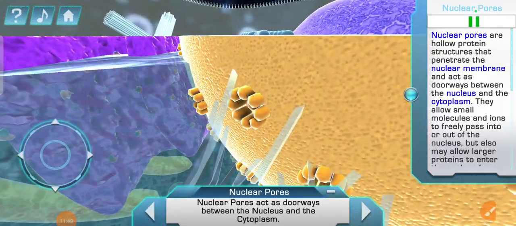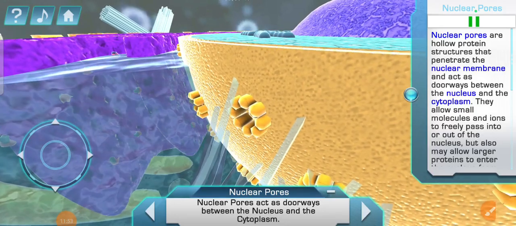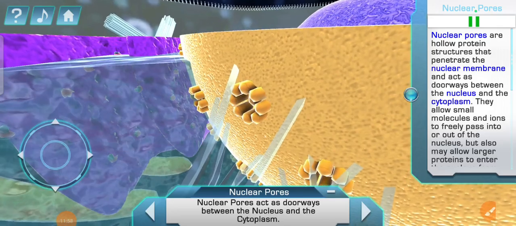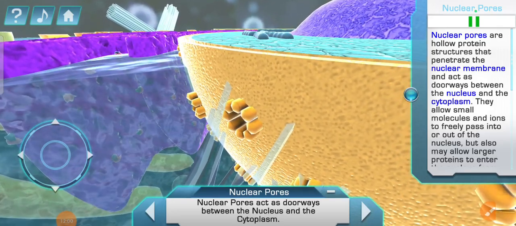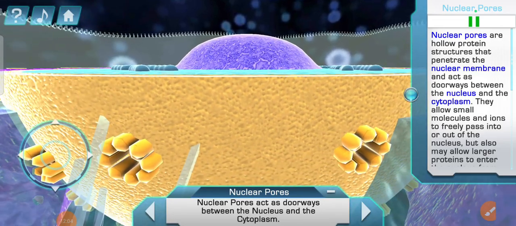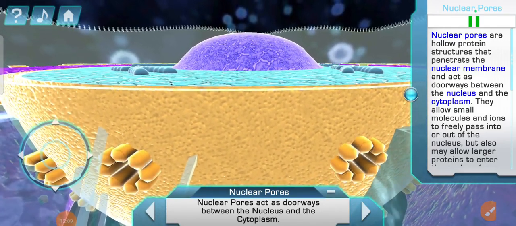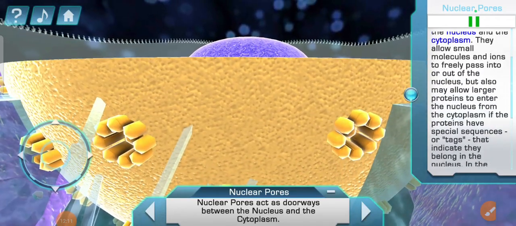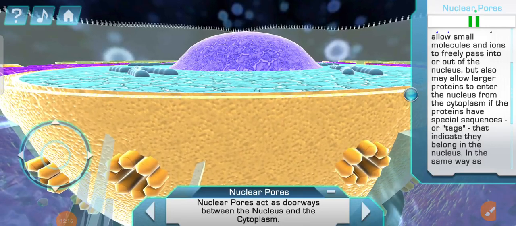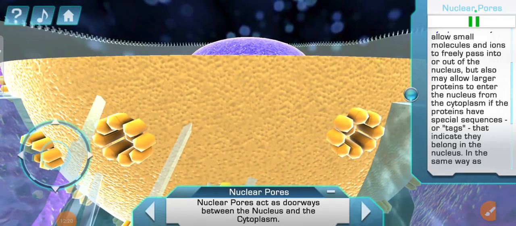It is the structure of the nuclear pore. Nuclear pores act as a doorway between the nucleus and the cytoplasm. Nuclear pores are hollow protein structures that penetrate the nuclear membrane. They allow small molecules and ions to freely pass into or out of the nucleus, but also may allow larger proteins to enter the nucleus from the cytoplasm if the protein has special sequences or tags that indicate they belong in the nucleus.